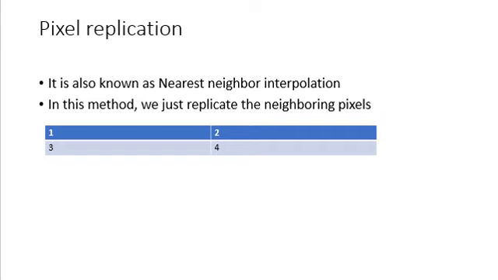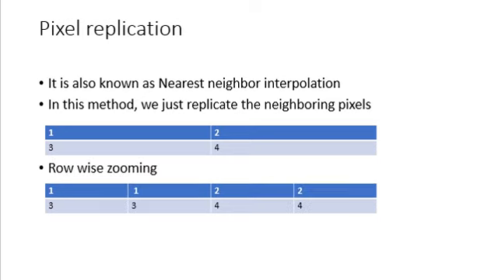For example, if you have an image of 2 rows and 2 columns and you want to zoom it twice, or 2 times, using pixel replication, here is how it can be done. The above image has 2 rows and 2 columns. We will first zoom it row wise. When we zoom it row wise, we simply copy the row's pixels to its adjacent new cell.